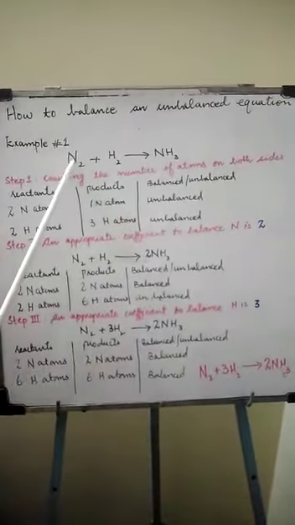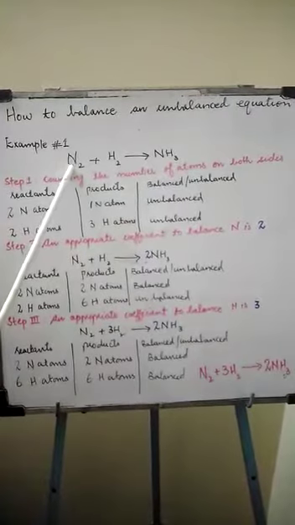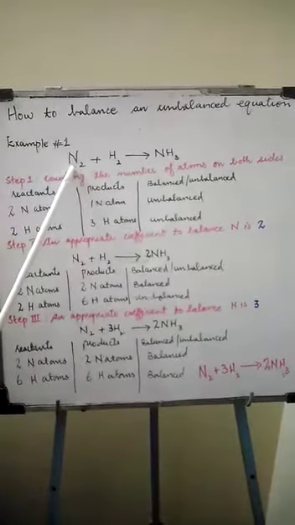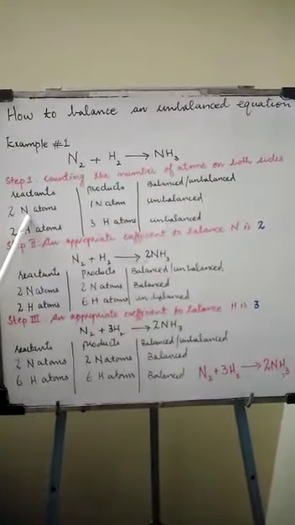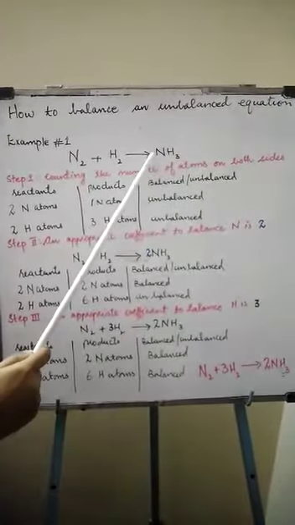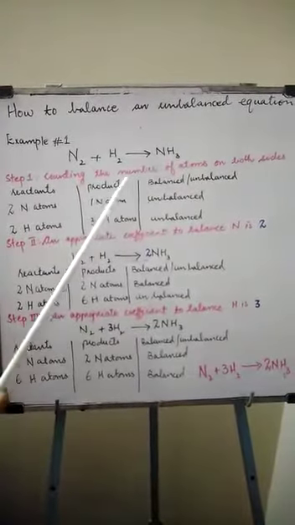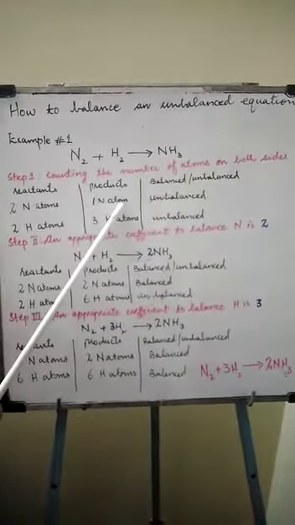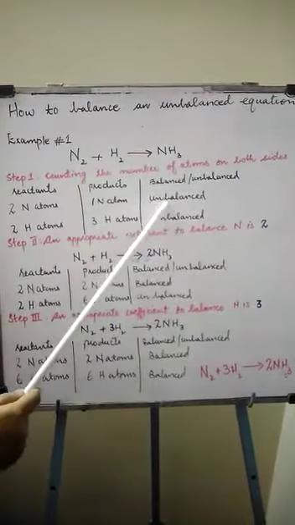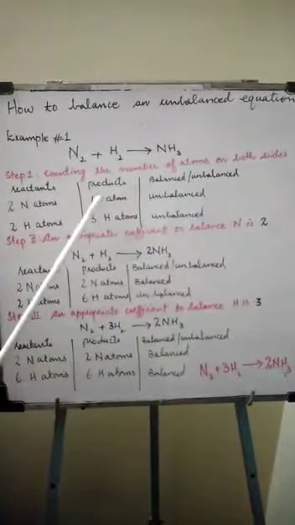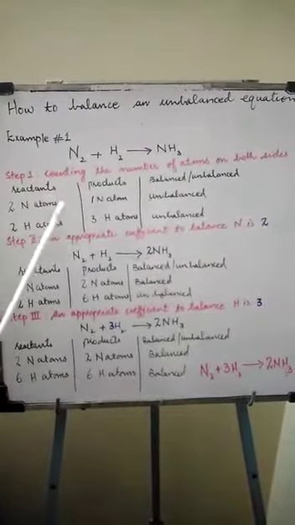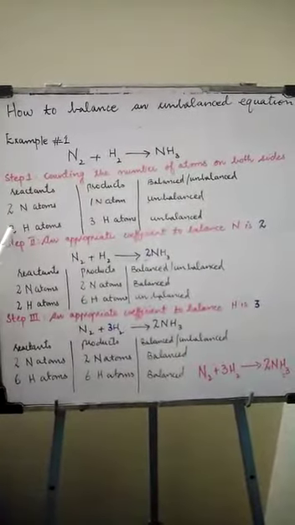We'll start first with the nitrogen atom. There are two atoms of nitrogen on the reactant side, but if you see on the product side there is one nitrogen atom. It is unbalanced because the number of atoms are not equal on both the sides.